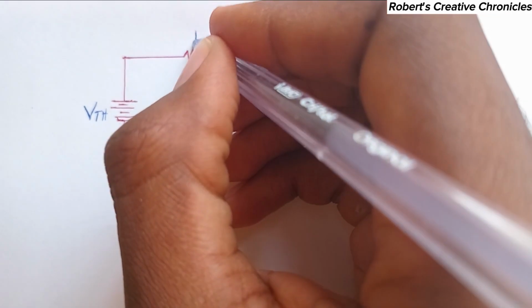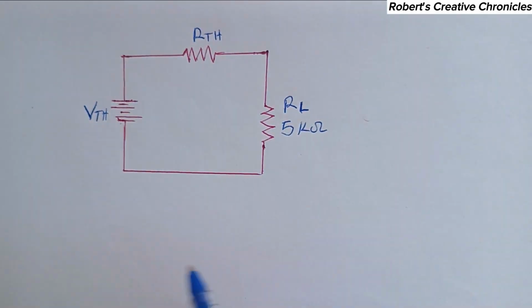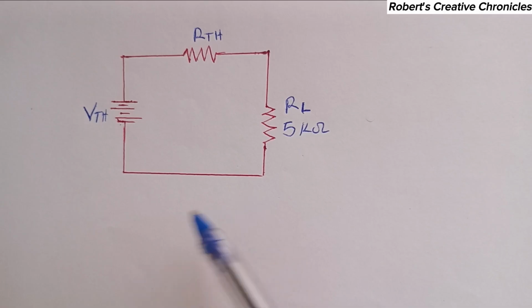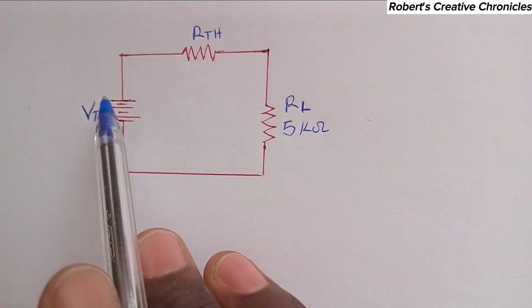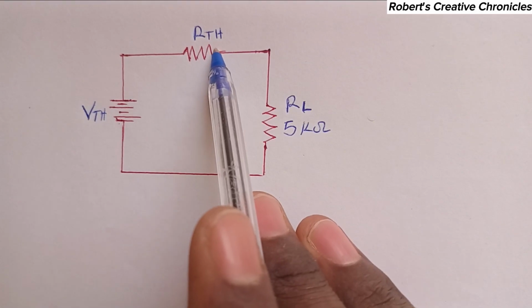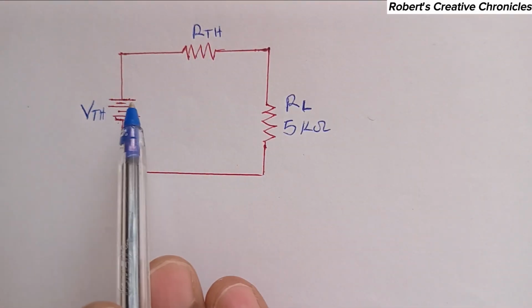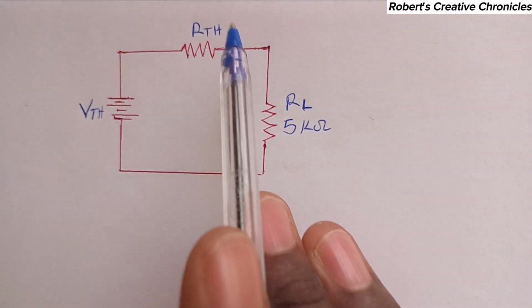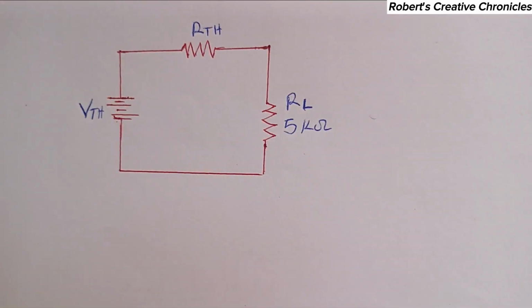Here is the R Thevenin. So now, according to Thevenin's theorem, that circuit can be replaced with a voltage source connected in series to a resistance. So this is the voltage source, which is the Thevenin voltage, and the resistance, which is the Thevenin resistance. And we have calculated them.